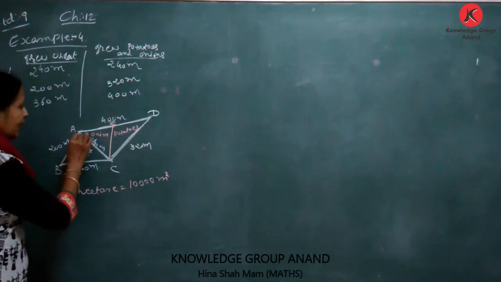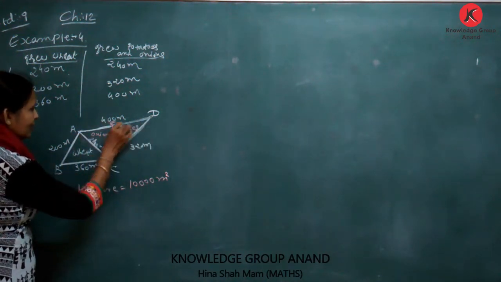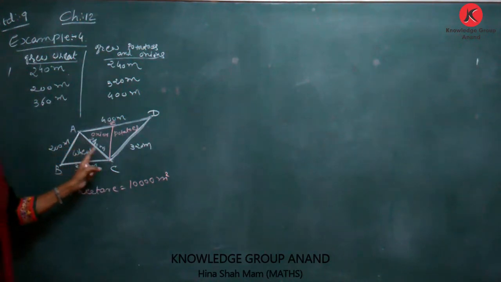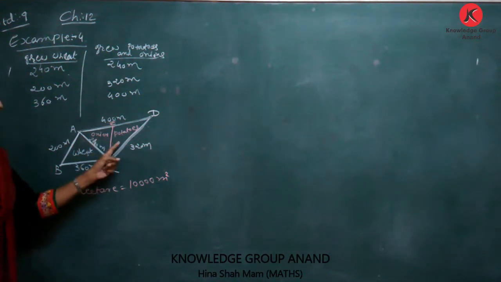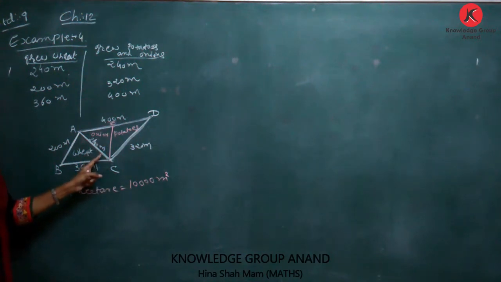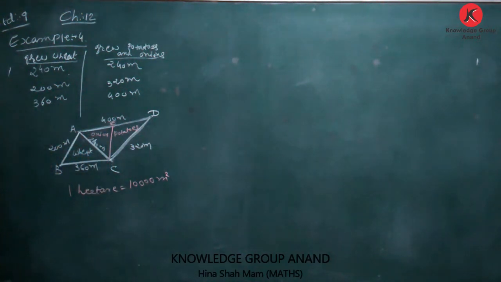Then find the area of ACD where she grew onion and potatoes. Then we find 2 equal parts, so divide by 2.